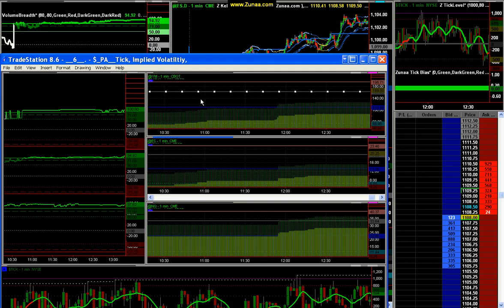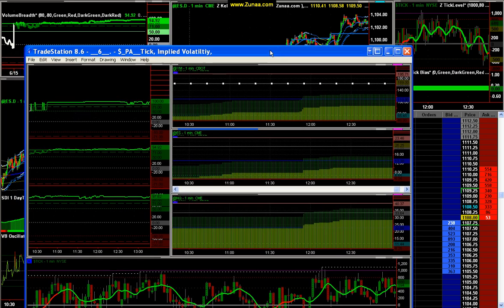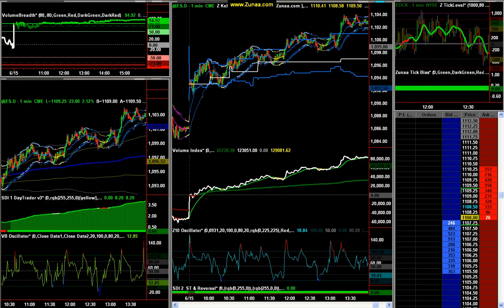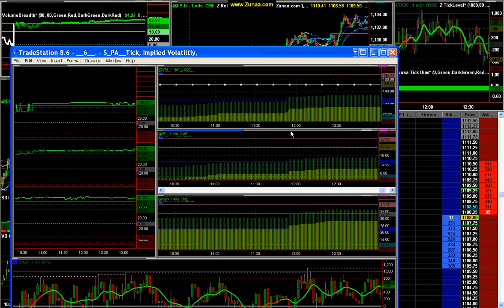So if I get long in YM or NQ or ES or all three, that's where I'm going to get out the majority, because that's where a lot of people will get out, and the possibility of a good correction occurs at that time. However, on a strong trend day like we had today, you're going to get much more than 100%. So I like to hold a little bit more, and then get out at this second level.